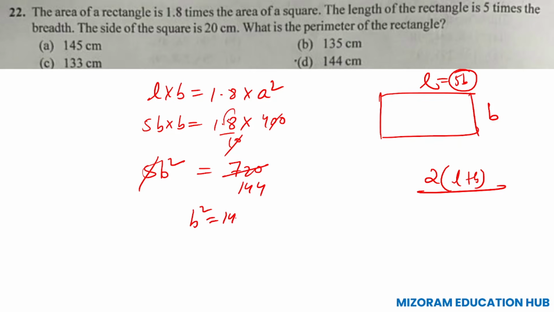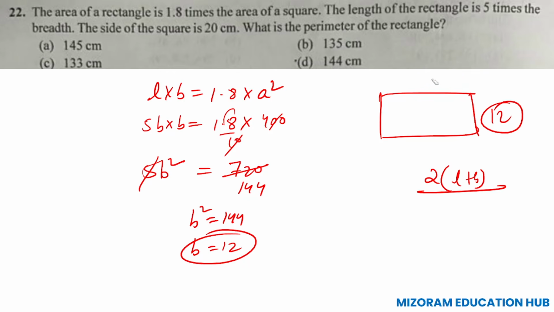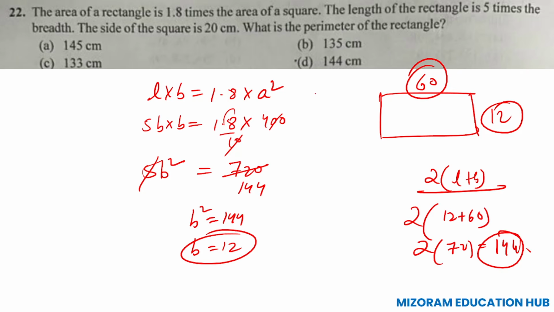So b squared is 144, so b will be the square root of 144, that is 12. And b is 12, length is 5 times that, 60. So the perimeter is 2 times 72, 144 centimeter is the correct answer.